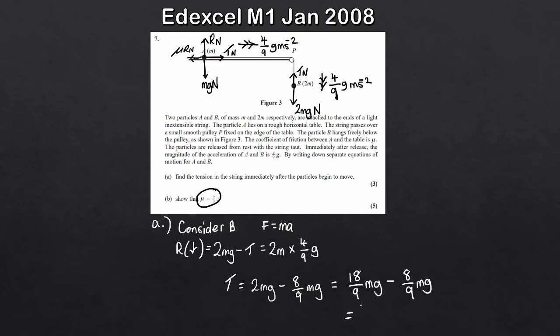So the tension T is equal to 10 over 9 mg. Tension is in units of newtons. So that's part A, 3 marks for that, that's not too bad.